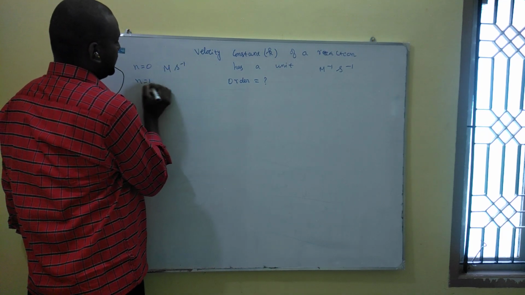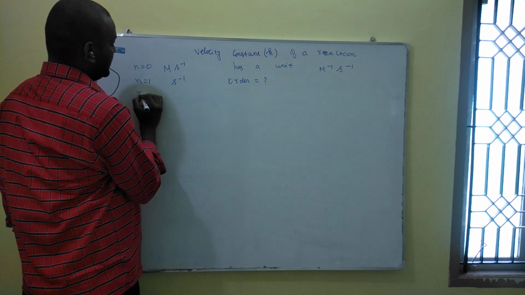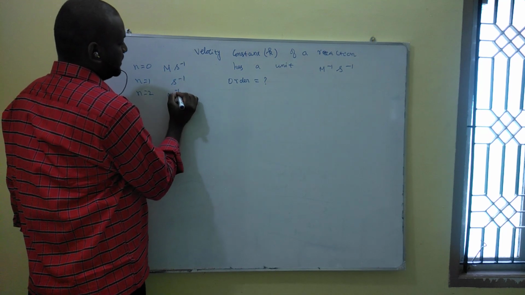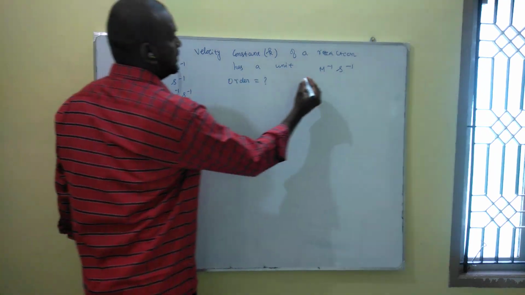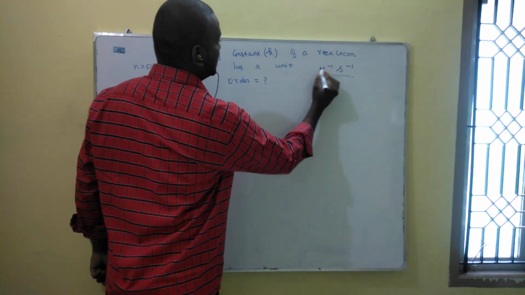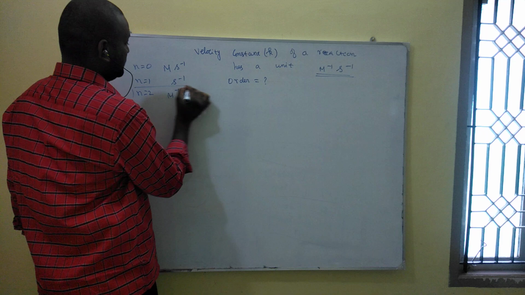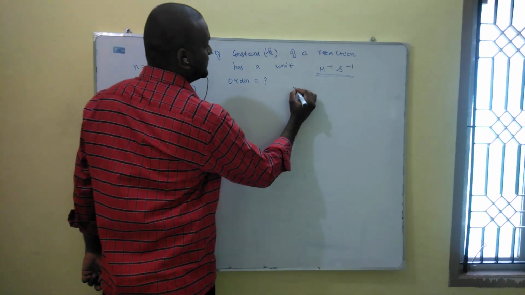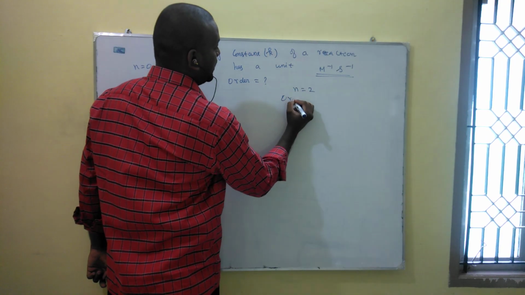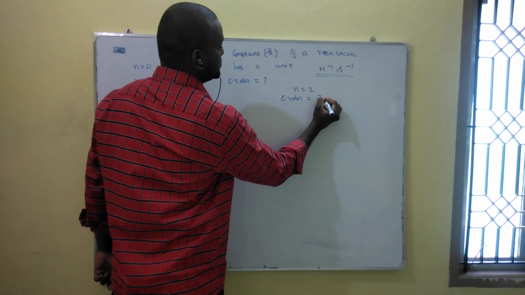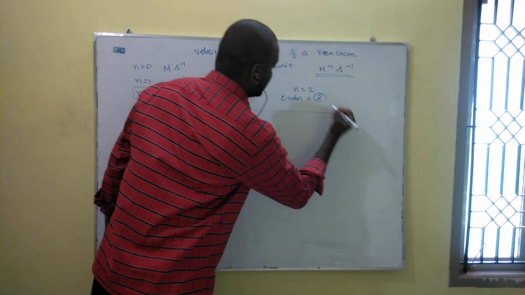If n is equal to 1, we have per second. If n is equal to 2, we have per mole per second. So the unit given, per mole per second, belongs to a second order reaction. So the order of that particular reaction is 2. This is your answer.